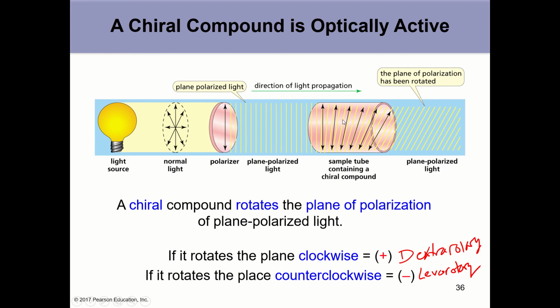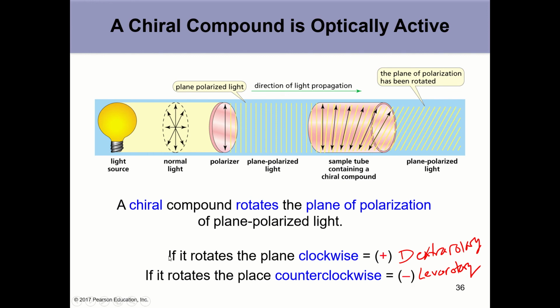Notice that the arrows are beginning to rotate. When the plane of light comes out the other side, it has been rotated by a specific degree of rotation, and all the light rays are in that degree. We can measure the degree at which the light has rotated.